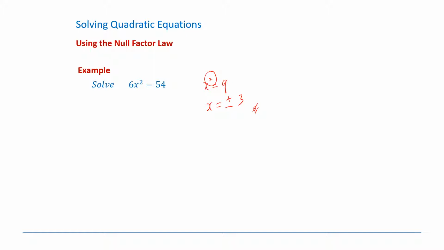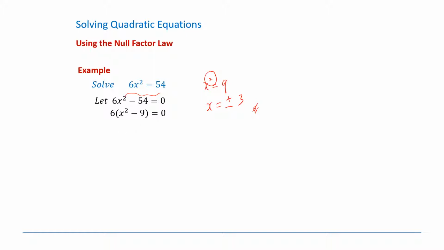Alternatively, I can rearrange this equation to make it a standard form of quadratic. So 6x squared minus 54 equal to 0. And you take out the common factor 6. So we have x squared minus 9. And you can see here we can factorize this. This is just a difference of two squares, x squared minus 3 squared.